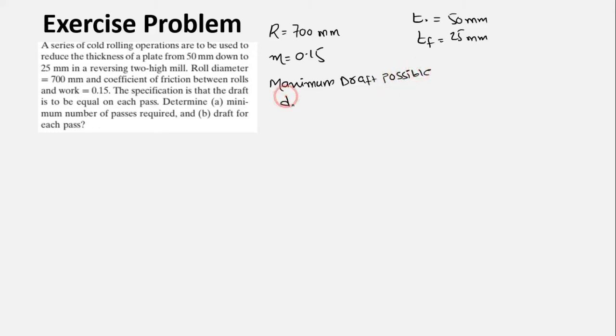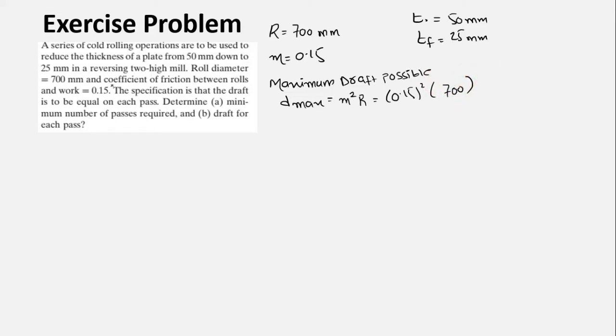That would be d max. d max equals μ square into R. What is the value of μ? 0.15 square into the 700 millimeter. There's a problem.